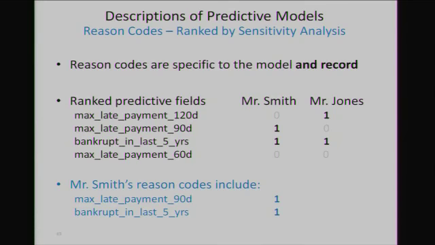If you just have something like max days late payment with values of 0 to 150, and it's the most sensitive field, you can't really create the reason codes. So if you want reason codes and know that going into your project, you can try binning your fields, so that any field that comes out can be converted to a reason code.